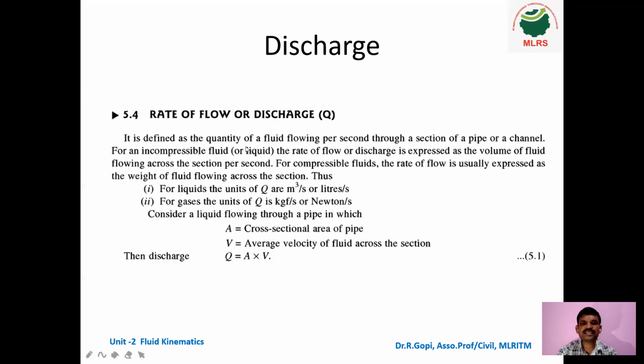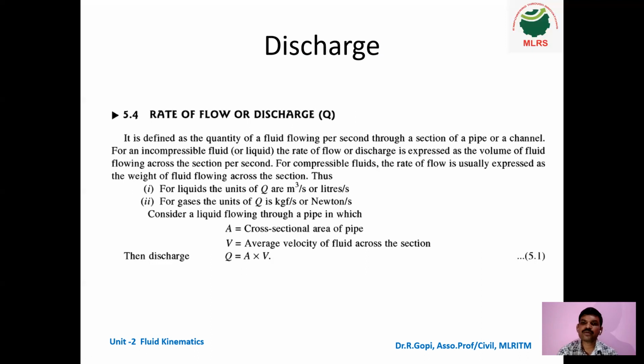It is defined as the quantity of fluid flowing per second. For 1 second, how much water is delivered? The amount of water delivered per second is called discharge. It is defined as the quantity of a fluid flowing per second through a section of a pipe or a channel.